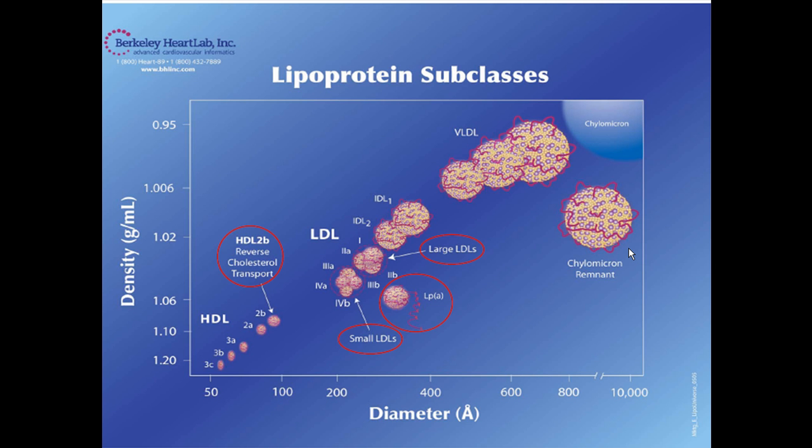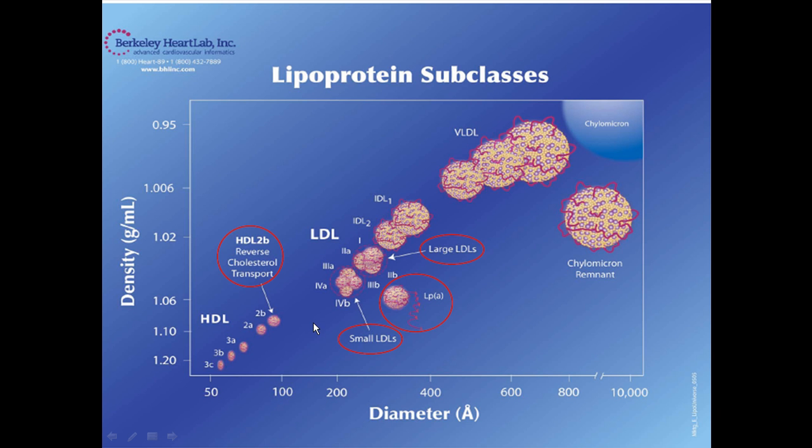I do want to show you that there are subclasses of lipoproteins, and we'll refer to those as we talk, especially about the LDLs, because there are large LDLs, sometimes called large buoyant LDLs, and there are small LDLs. Small LDLs are considered the bad guys. They are considered the worst LDLs because they can become plaque in your arteries easier than the large LDLs.